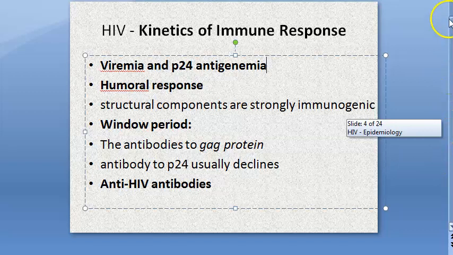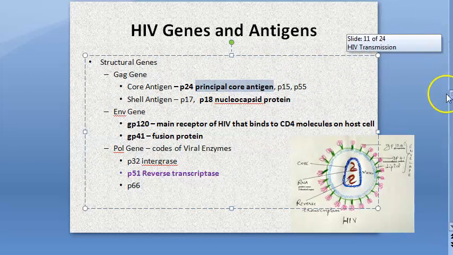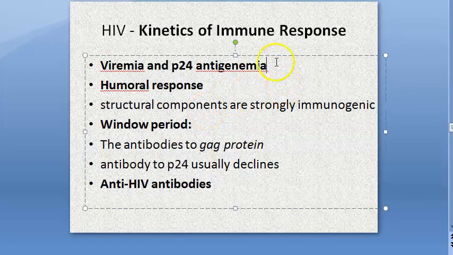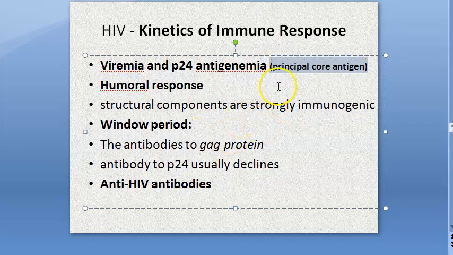Go back and see where this P24 was. P24 is the principal core antigen. Okay, so it was the GAG gene which produces this. So basically, go back to this one and say this is nothing but the principal core antigen, right? Against it, there is antigenemia. In the blood there will be this antigenemia.